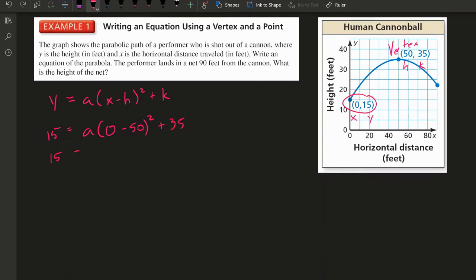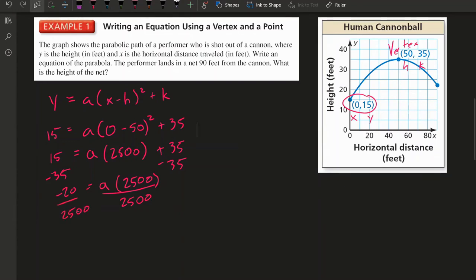So 15 is equal to a times (0 minus 50), and 0 minus 50 is negative 50, and negative 50 times negative 50 would be 2,500, plus 35. So I can solve this by subtracting 35, get negative 20 equals a times 2,500, and then we'll just divide by 2,500 on both sides.